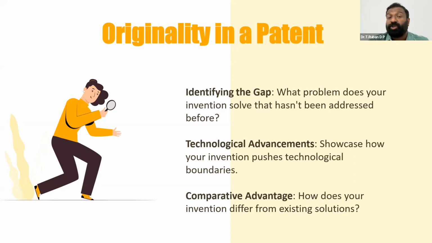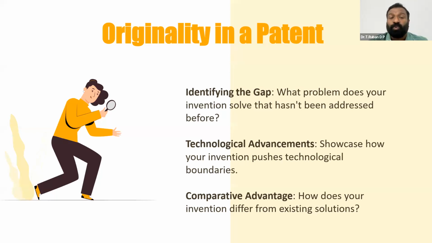Also, comparative advantage. That's very important. Think of your invention as the best in a lineup of superheroes. Explain how it's different and better than what's already out there. It's like saying my invention has these unique powers that others don't have.